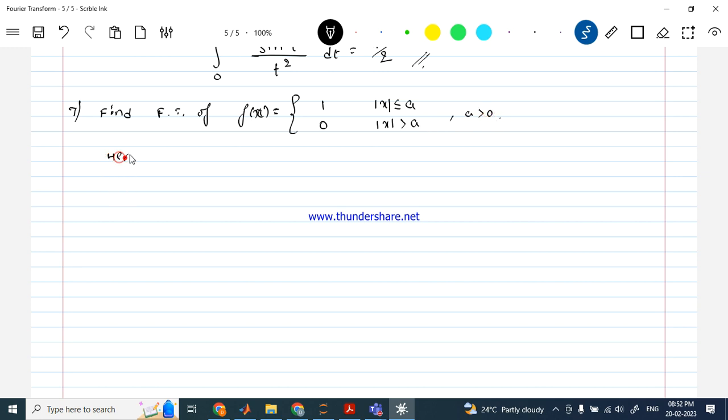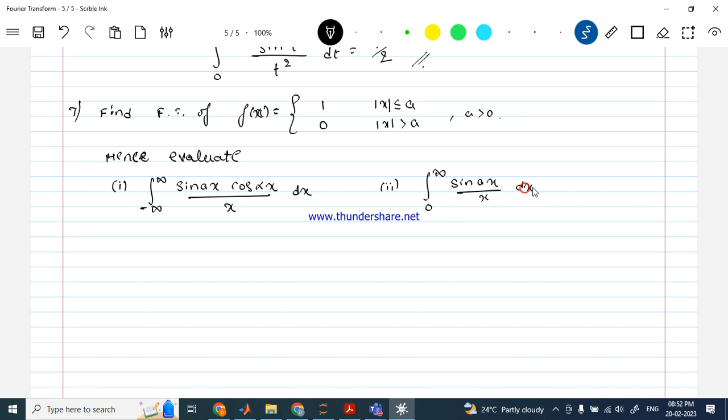Hence, evaluate the integral from minus infinity to plus infinity of sin ax into cos alpha x by x dx, and the integral from 0 to infinity of sin ax by x dx.